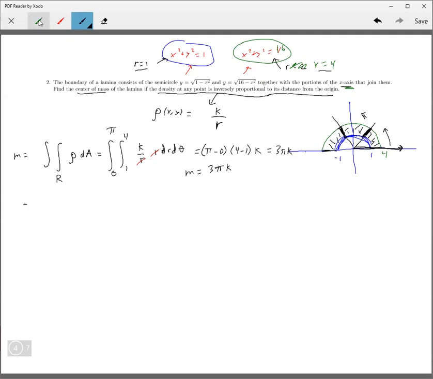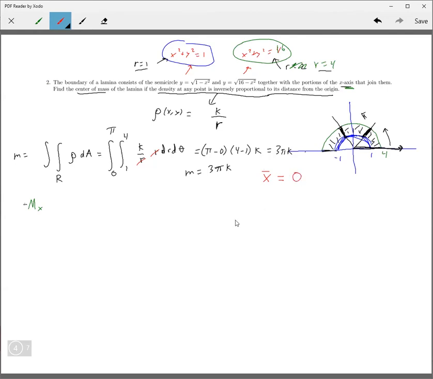Now what we need to do is find the moment about the x-axis. But let me say something really quickly before I do that. What do you think the center of mass in the x direction is? Shouldn't it just be 0?